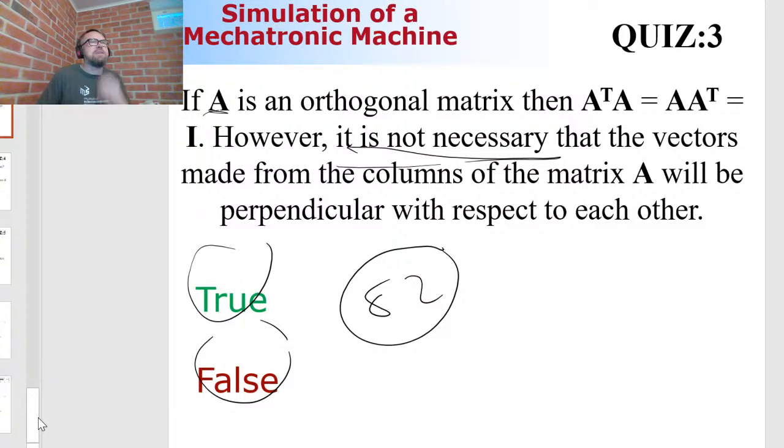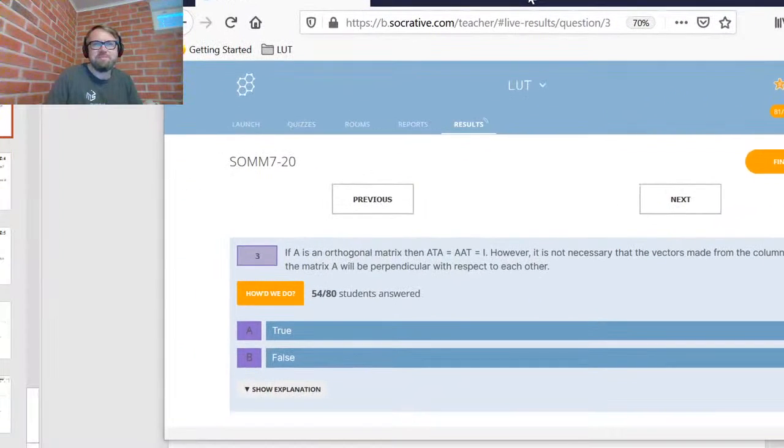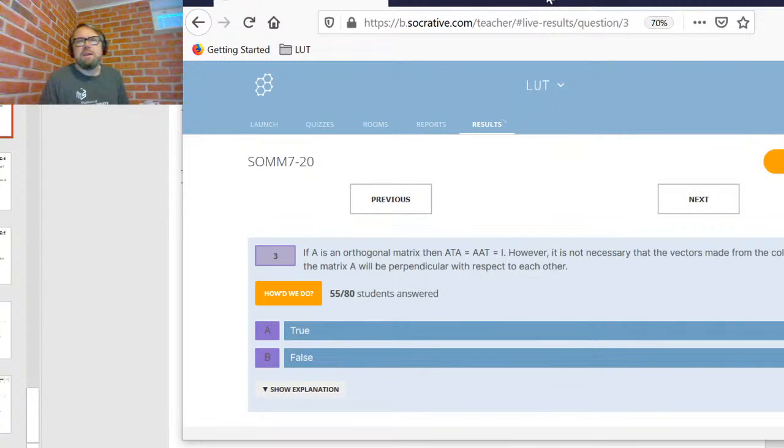Let me see what the others are guessing. Okay, we'll see. Oh yeah, somebody else is saying 82 as well. 25 students have not yet entered the answer.